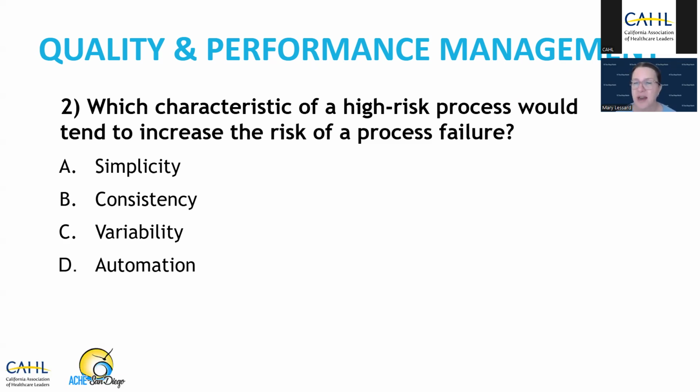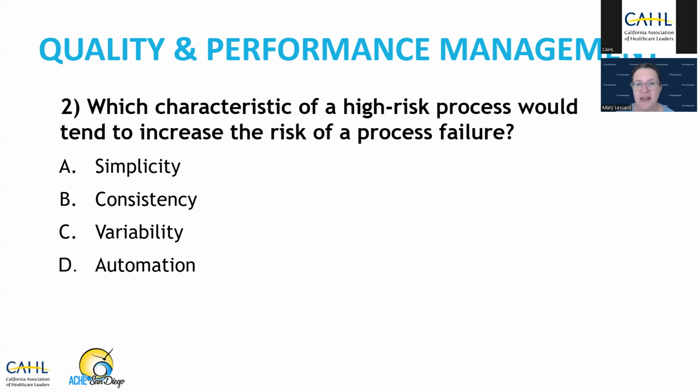Regardless of whether it's a high risk process or not, I think that we can just look at the answers and maybe what comes to mind, what we can eliminate first. That's my approach. So, what would increase a process to fail? Simplicity. Usually, when things are simple, straightforward, there's less likelihood that the process will fail.